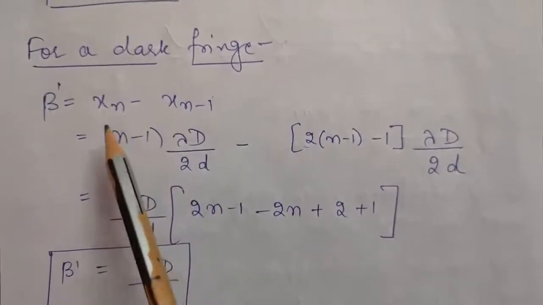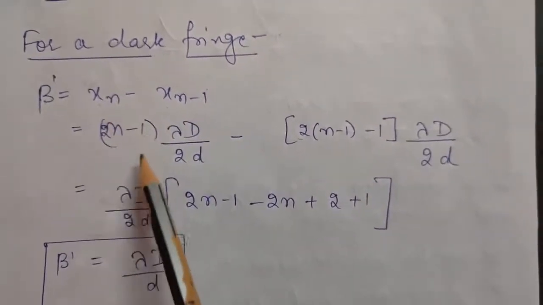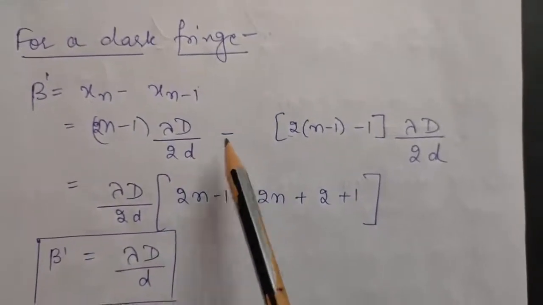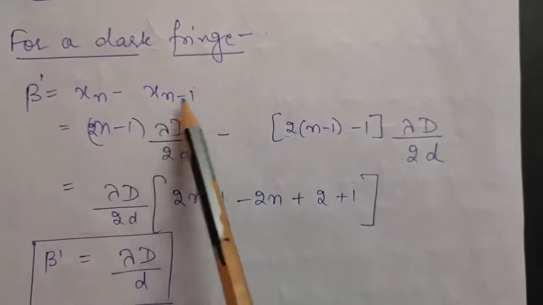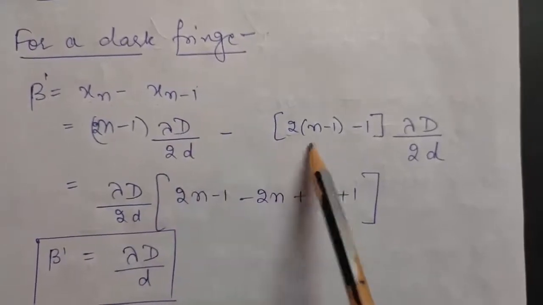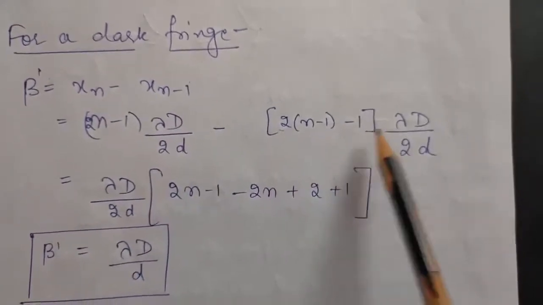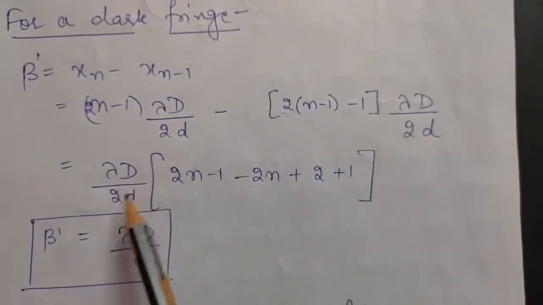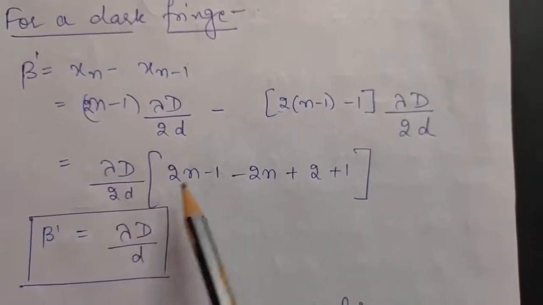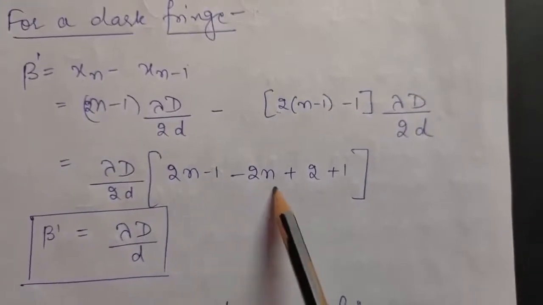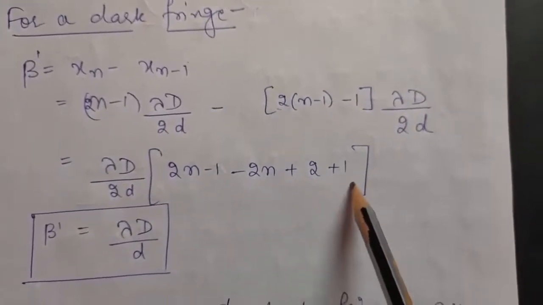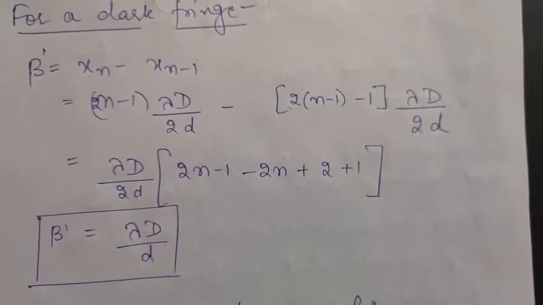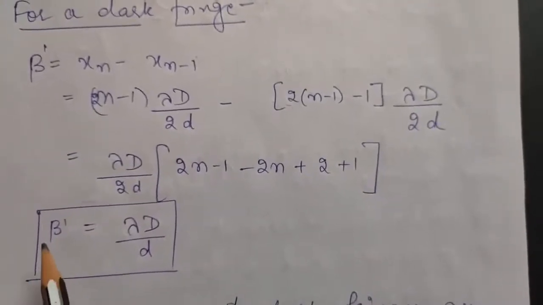So again, putting the values, xn is (2n minus 1) lambda D by 2d as you have calculated before, minus, now instead of n you have to use n minus 1, so that will be (2(n minus 1) minus 1) into lambda D by 2d. Now taking lambda D by 2d to be common and solving, you will get 2n minus 1 minus 2n plus 2 plus 1. So just solve it, you will get lambda D by d. So this is the fringe width of a bright fringe.